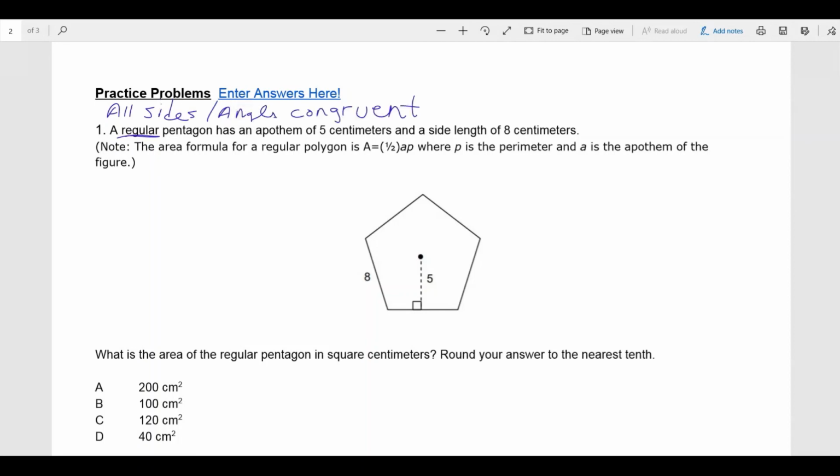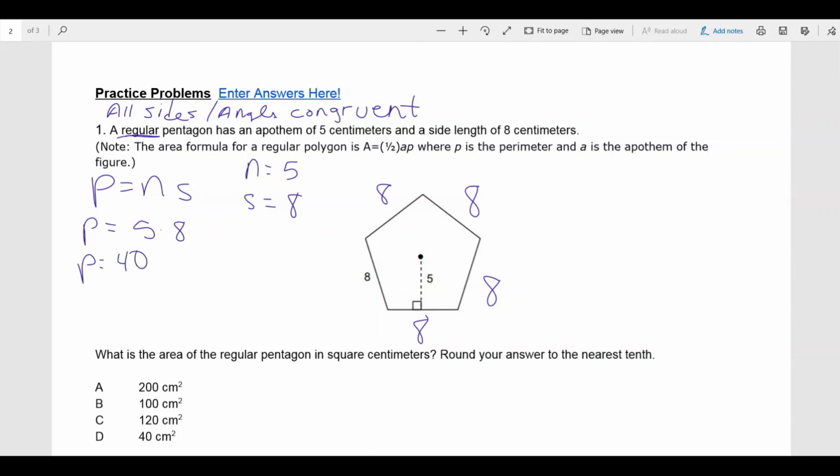So we want to know that every side here is 8. The formula for the perimeter of a regular polygon is the number of sides times the side length. So the perimeter for this, where n is 5 and side length is 8, is going to be 5 times 8. The perimeter will be 40.